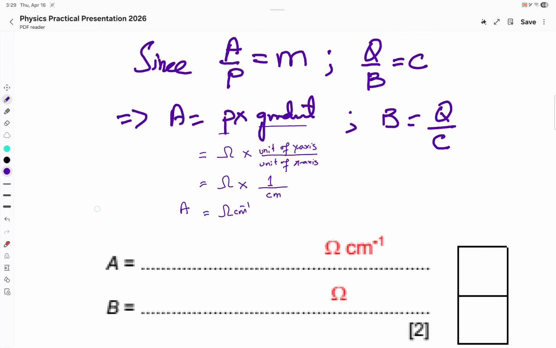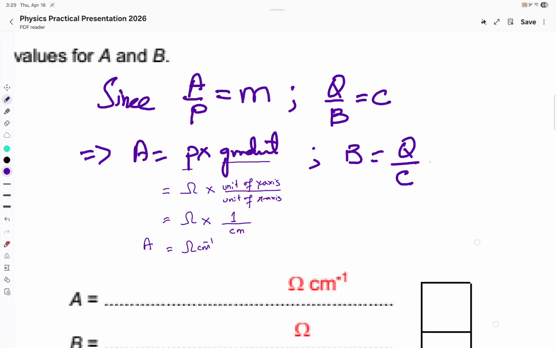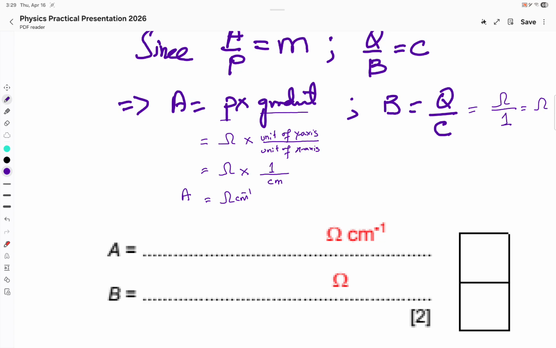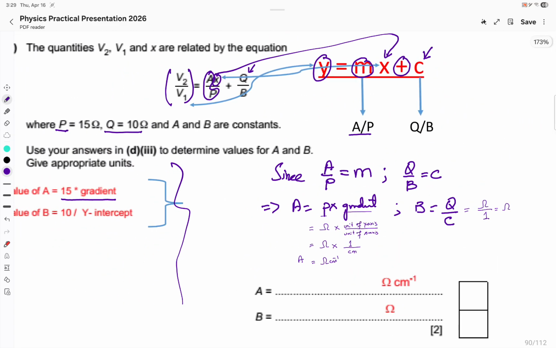And finally, in a similar manner, the unit for B is ohms, right? And C is the y-intercept, which is volt upon volt, meaning 1, hence ohms. So this is ohm. Take my piece of advice, because some of you will start with question 1, some of you will start with question number 2.